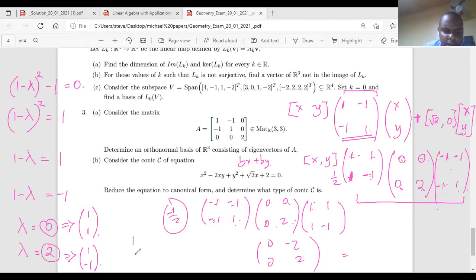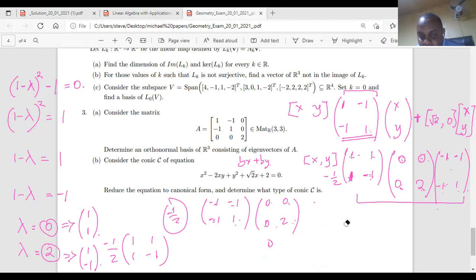We have 1, 1, 1, negative 1. This is negative 1 minus 1, it's negative a half. Oh, okay. And if it's negative a half, then whatever we did was right. That was the small mistake.